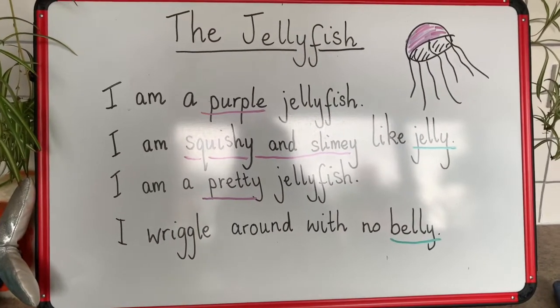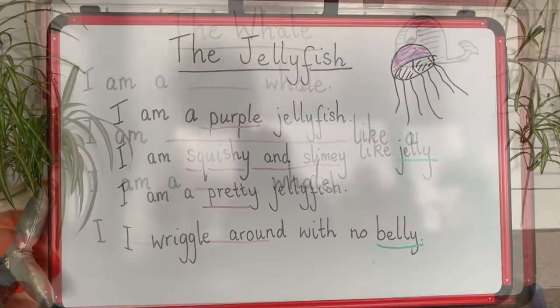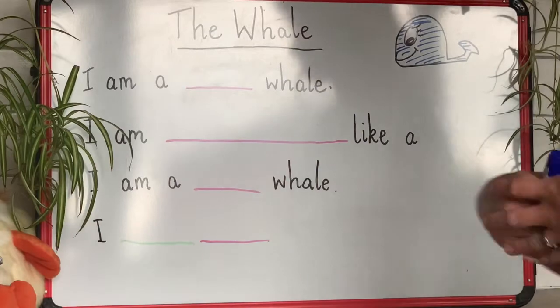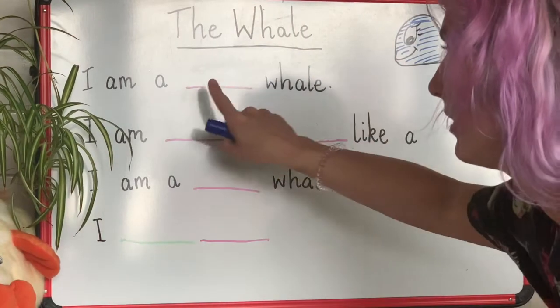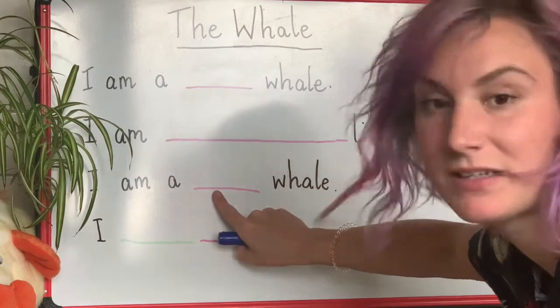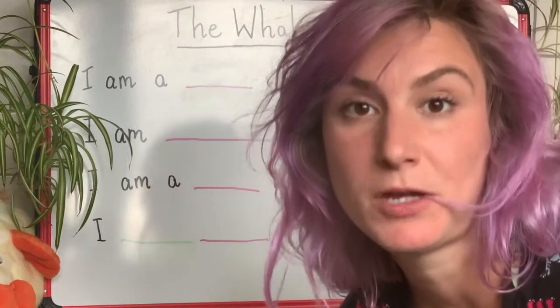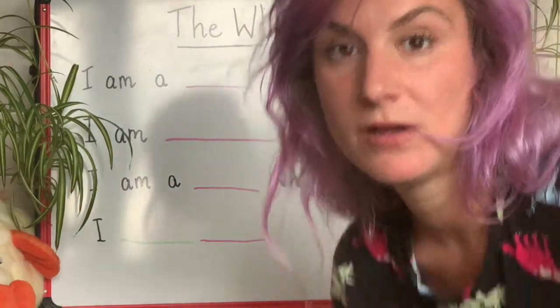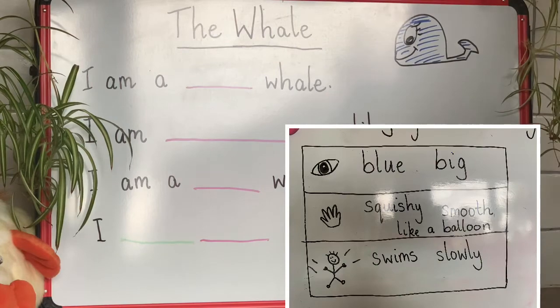And finally, in the fourth line, I described how the jellyfish moved. Right, so here is my format for the poem, The Whale. I have used pink here to show when an adjective is needed, and green to show when I'm going to use a verb. So let me have a look at my vocabulary.